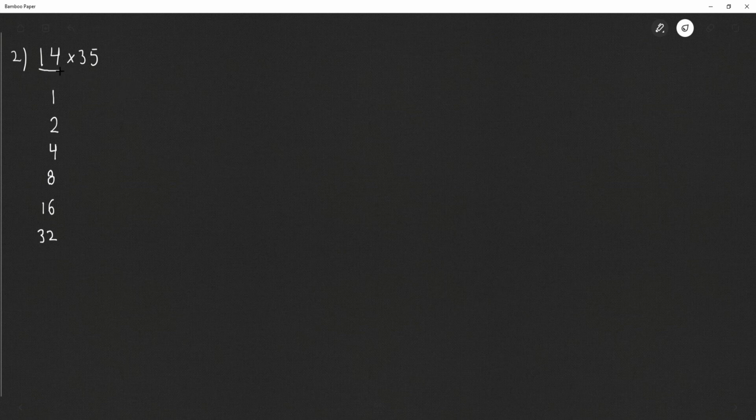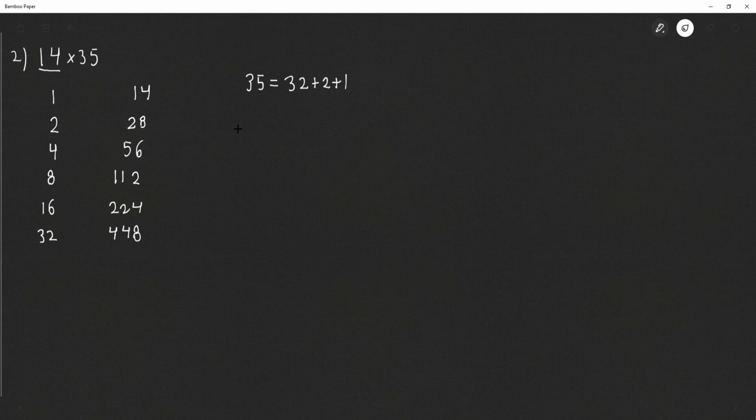So this time we're going to be doubling our 14. So we get 14, 28, 56, 112, 224, and then finally 448. Now this is where it comes into play, because we have 35 is equal to 32 plus 2 plus 1, which keeps it nice and simple.